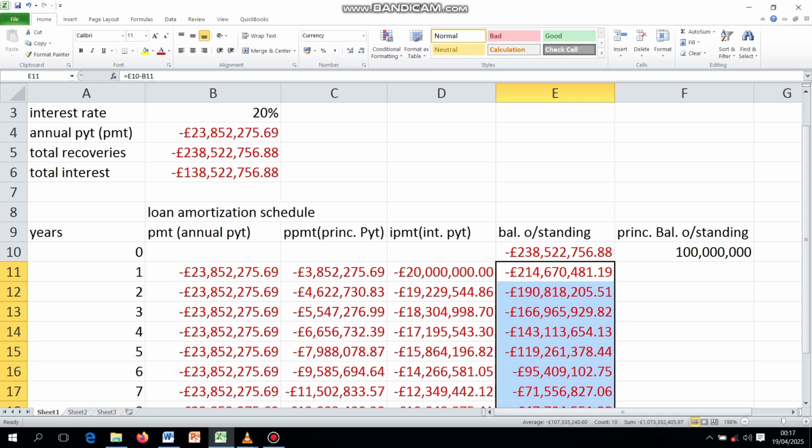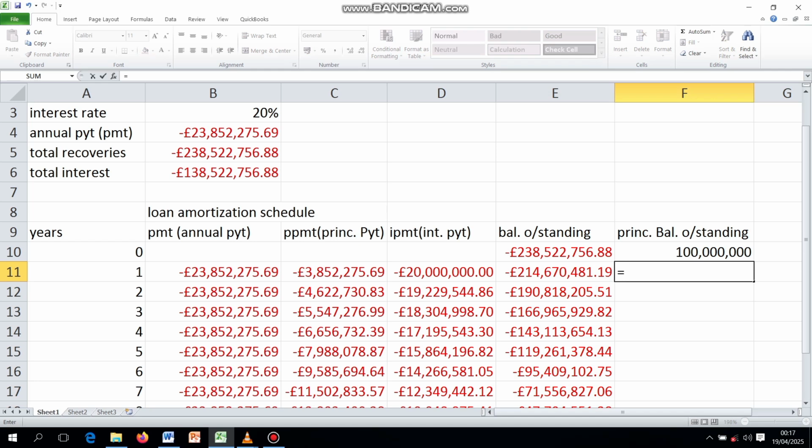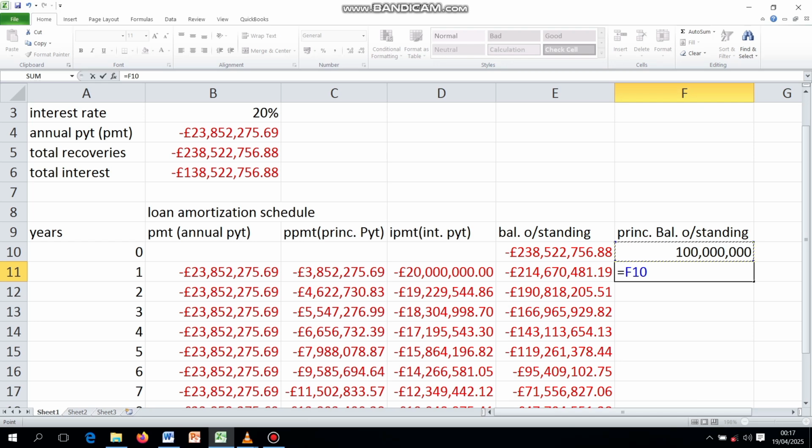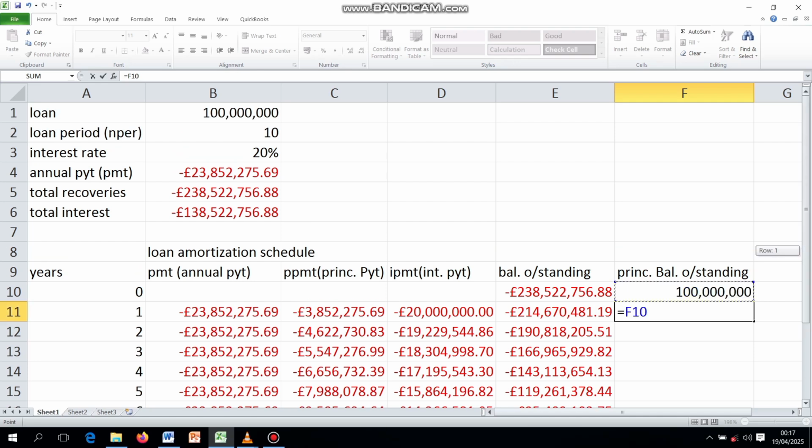So I'll come to the principal balance. To get a principal balance, I'll do the same. I'll put our equal sign, then I press this one, which is 100 million, and that is the loan.